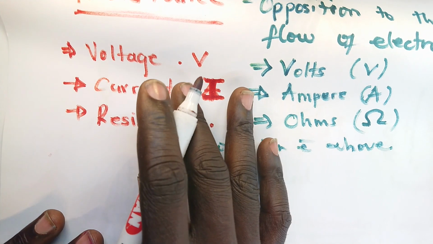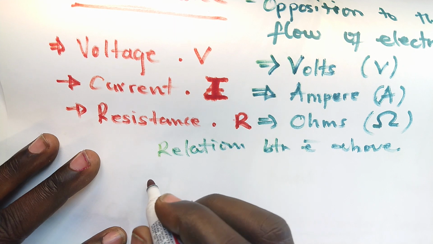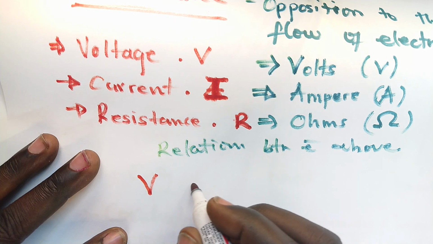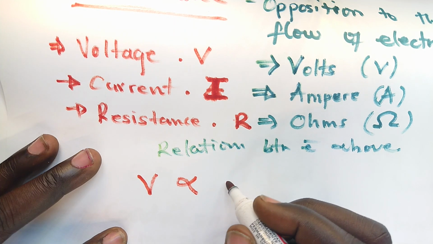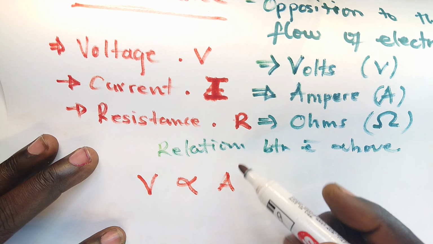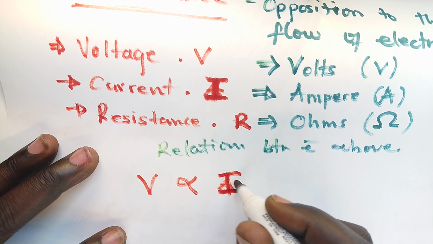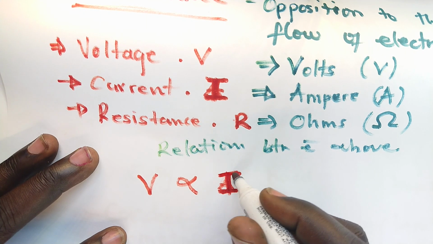I'm not going to draw a triangle. So I'm just going to tell you, the higher the voltage, the higher the current that will flow. So in that case, we say there's a direct proportionality between voltage and current. Pardon me, I find myself writing the symbol of the units instead.